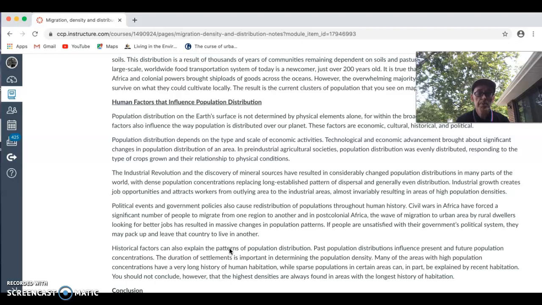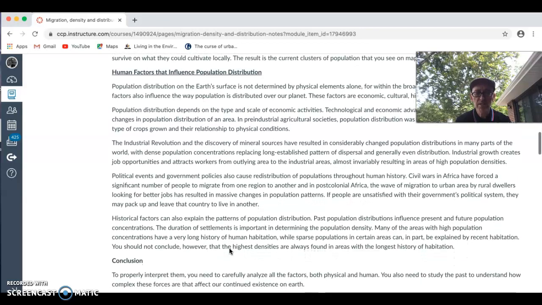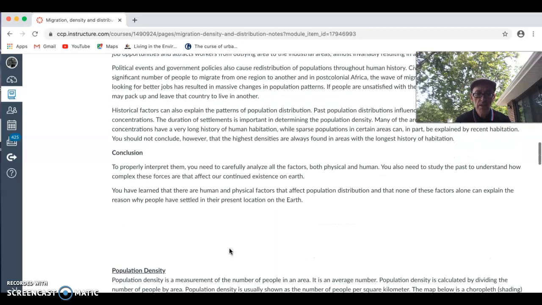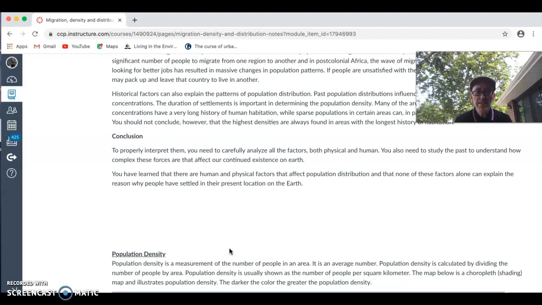An example would be Oxford, where oxen were taken across a river. Or Cambridge, where you had a bridging point on a river. So there are a number of different things which lead to the formation of settlements. That's the distribution, and you can use that in the introduction to your paper.